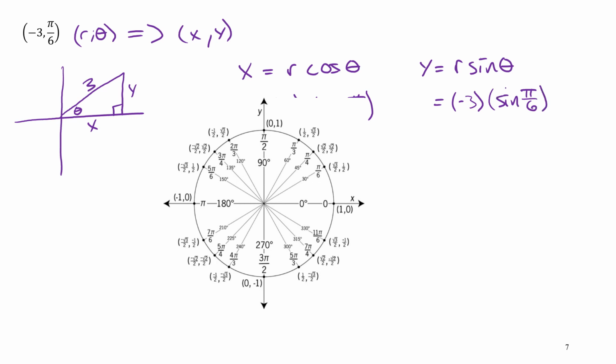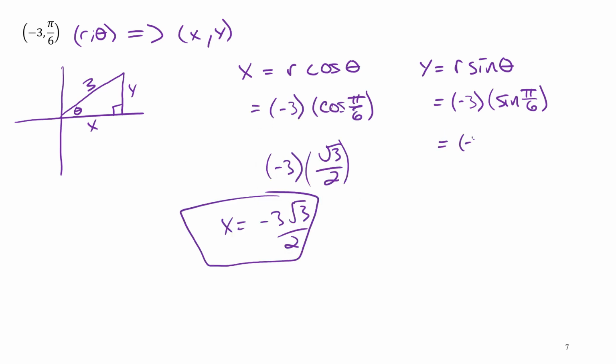Looking at the unit circle, you will see that sine of pi over 6 is 1/2. In writing the y, you will get -3/2. And you can choose to write that in the x and y coordinate plane if you would like.